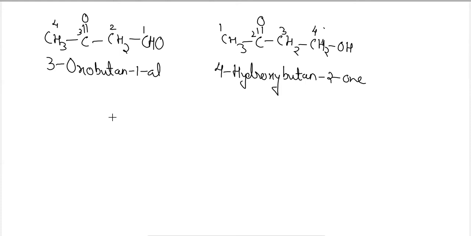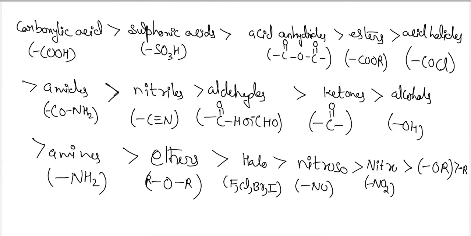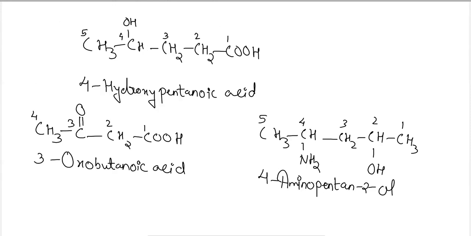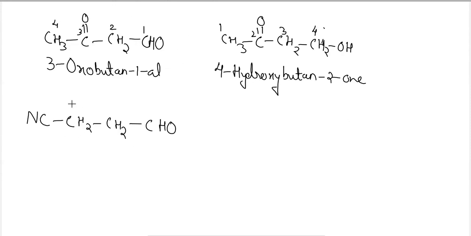So according to the preference list, we have to find out which one is the more preferential here. Okay, which one is the more preferential? CH2, CH2, CHO. So here, if we are comparing the cyanide group with the aldehyde group, cyanides are more preferential in comparison to the aldehyde. So here, the numbering of this compound will be 1, 2, 3, 4.